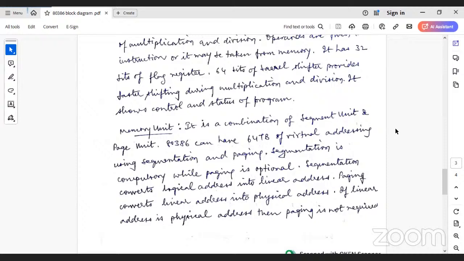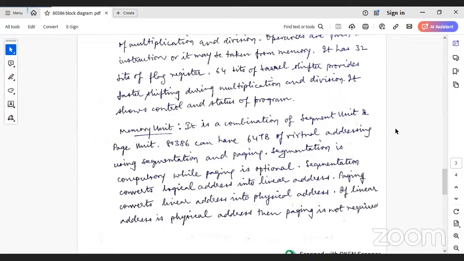Control registers are there, with some figures on page number 274. The PE bit will be in CR0. Here it is PG, bit number 31, in CR0.